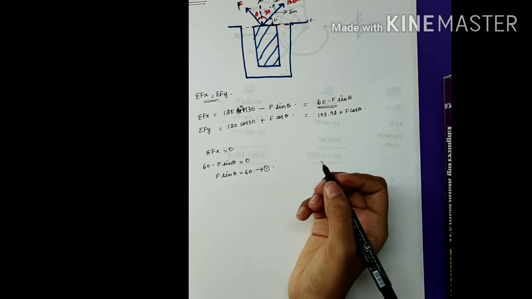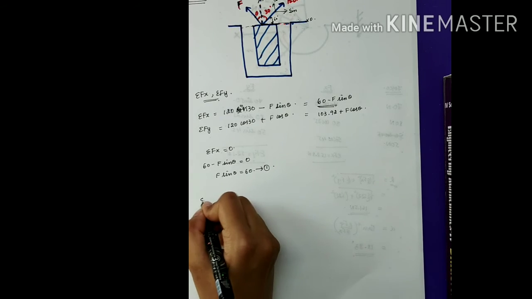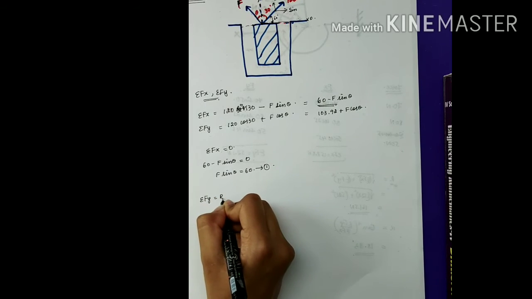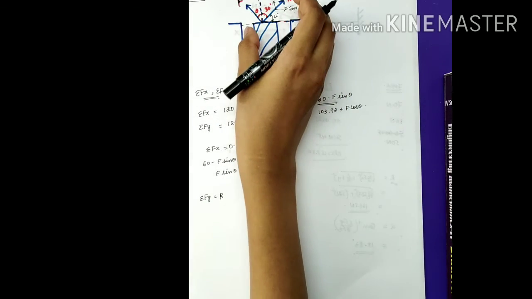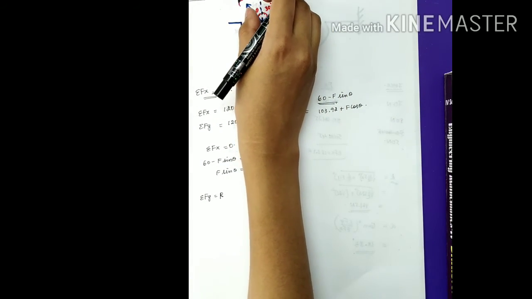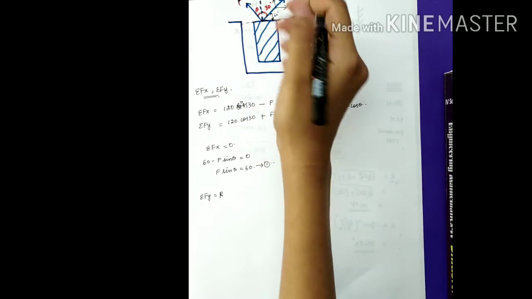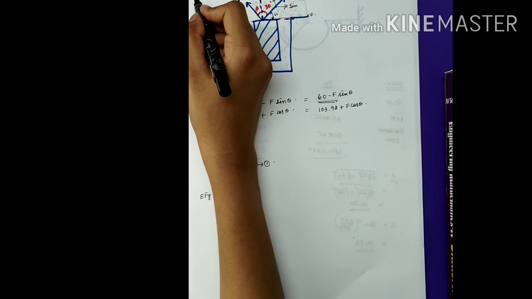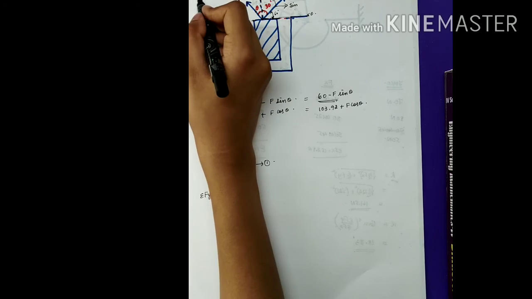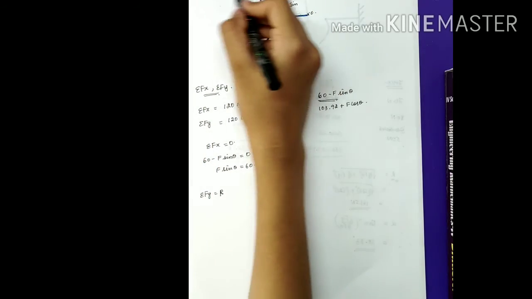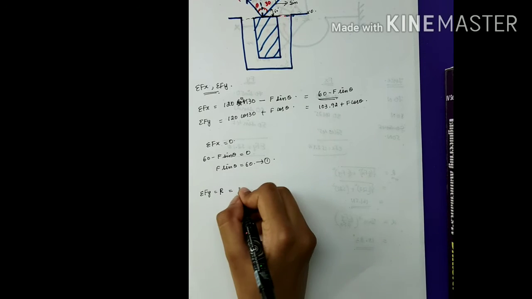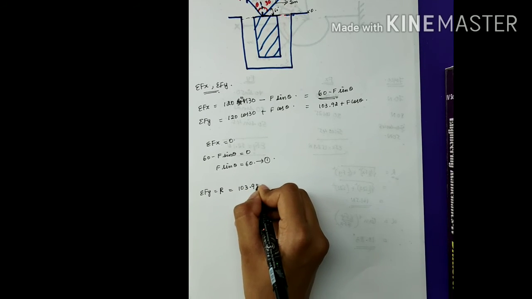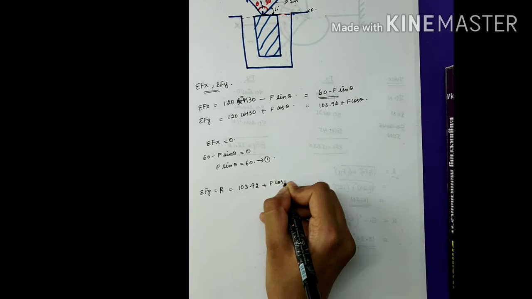Next, we also have summation Fy equals R. Why R? Because including all these forces we will lift the block upwards. And we also have this 500 Newton force, which is nothing but the resultant force along the y direction, that is R, which is nothing but 103.92 plus F cos theta.